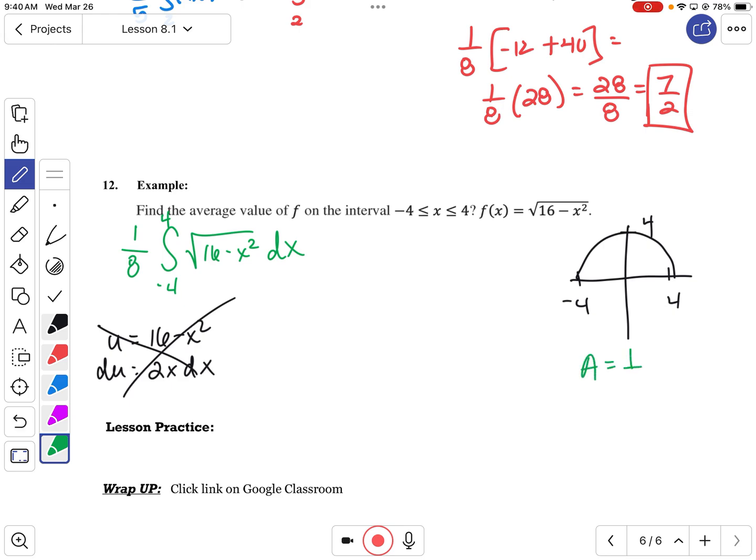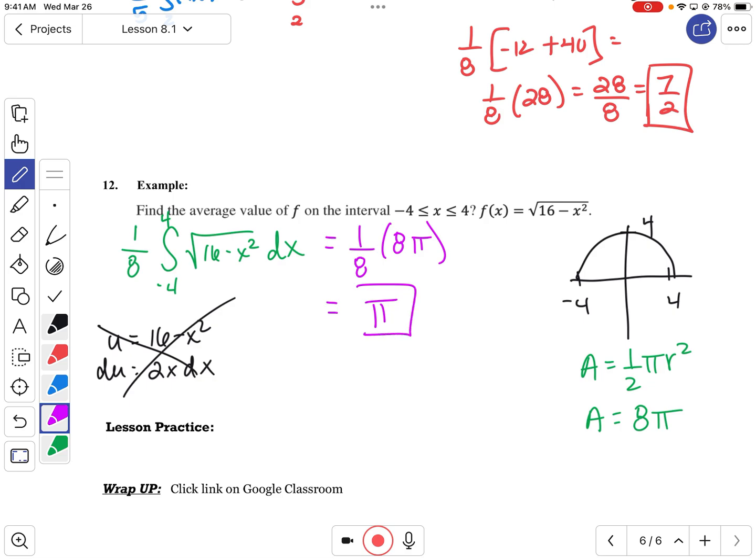So the area would equal half pi r squared, all right, because it's a semicircle. So 4 squared would be 16, so it would be 8 pi. All right, so that's the value of my integral. So I have 1/8 times 8 pi, and what's my average value? Just plain old pi. Okay, so that one to me actually turns out to be easier than a lot of the others because I can just use geometry. It's a semicircle.